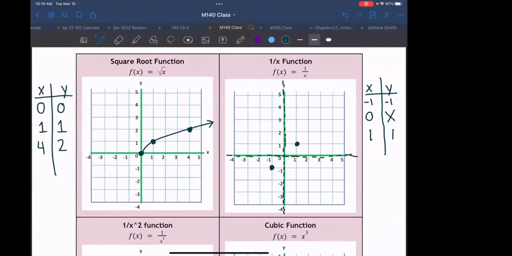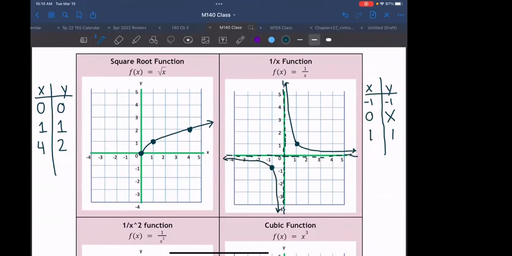Okay. So for this graph, you're going to have to know the 2 points, the asymptotes, and the shape looks like this. The graph gets really, really close to both of these, and it gets really close over here, just like that.